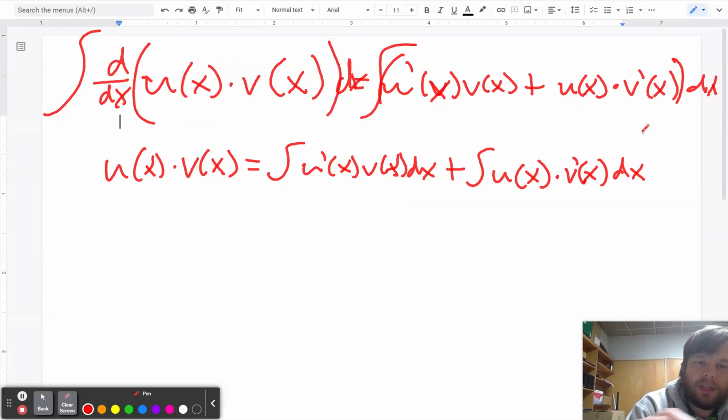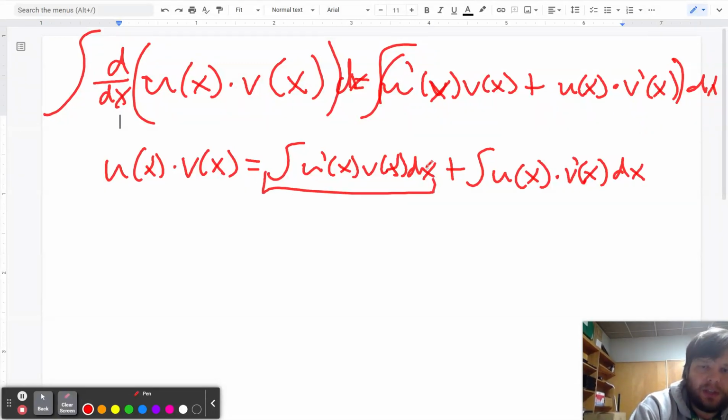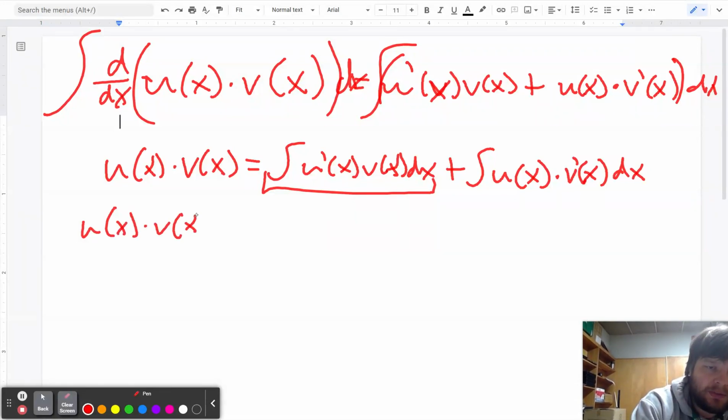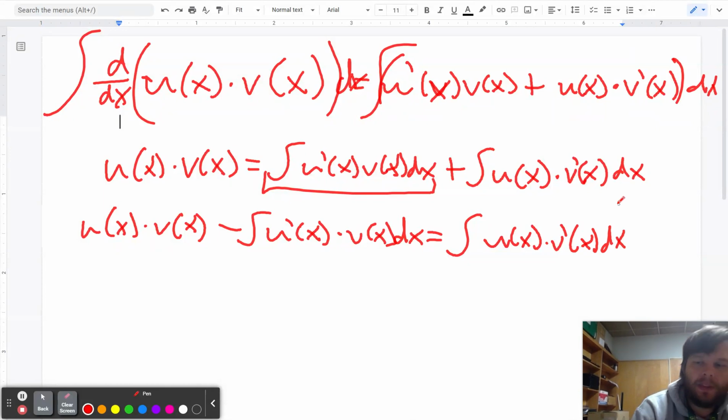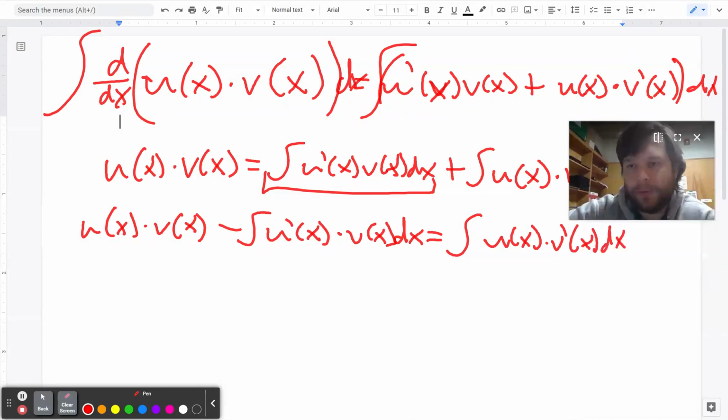And what we do is we just subtract this chunk from it, so we get that u times v minus the integral of u prime times v is equal to the integral of u of x times v prime of x dx.